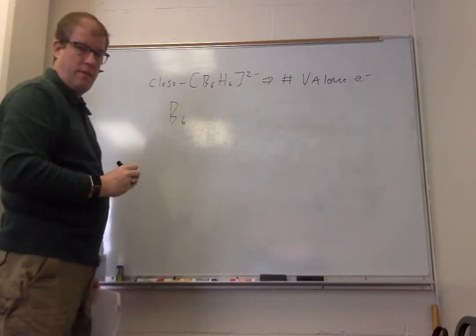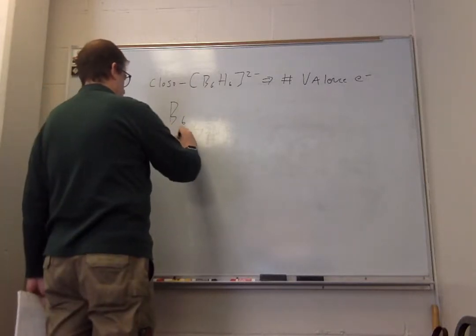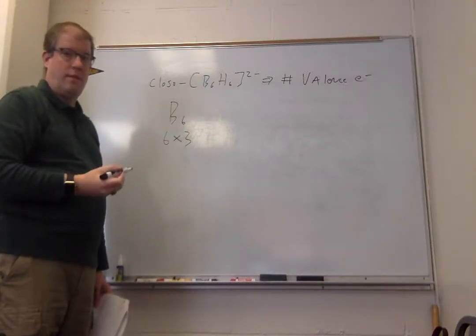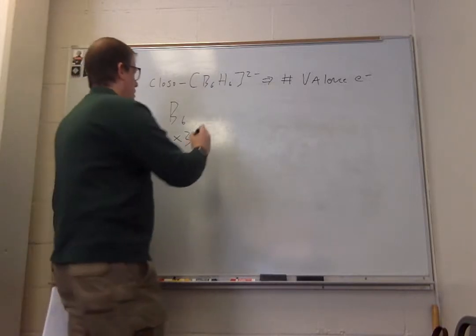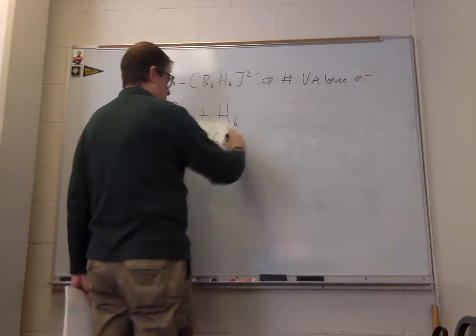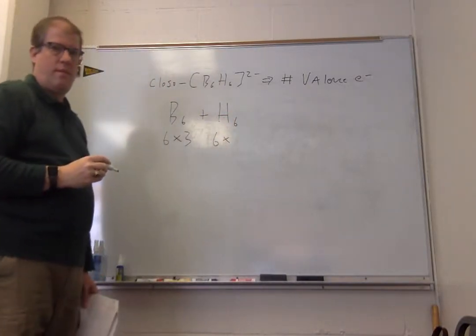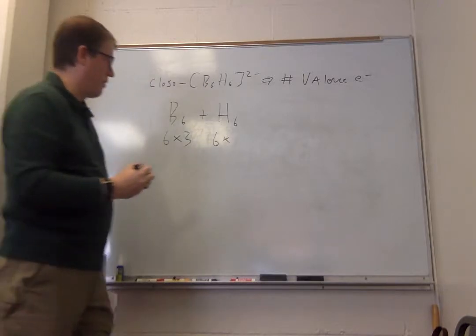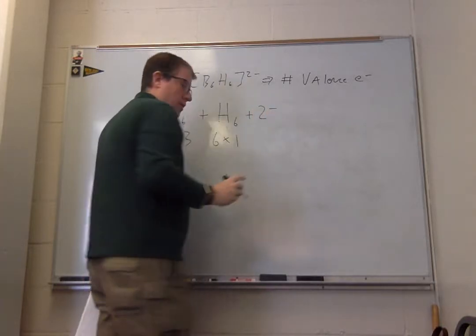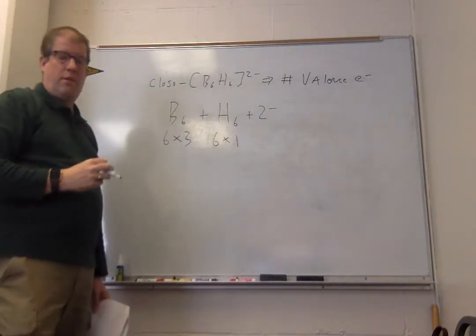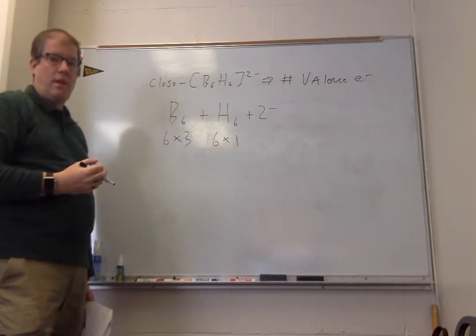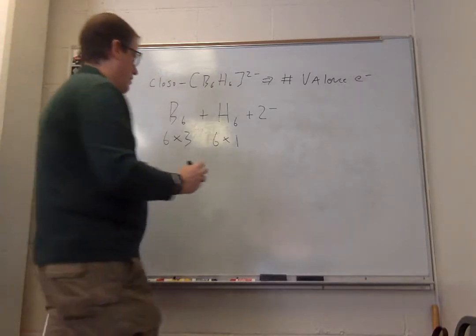We've got 6 borons. Each boron's got 3 valence electrons, right? It's in group 13, so it does. We have 6 hydrogens. So there's only 1 valence electron for hydrogen. Don't forget the 2- charge, though, because there's an excess of 2 electrons in this structure, which is actually important because it's a key feature to holding it together.